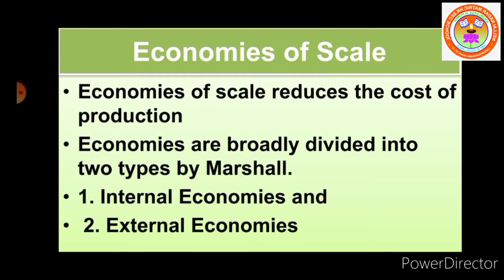This economy of scale is affected both by the internal and external factors of the firm. Accordingly, economies are broadly divided into 2 types by Marshall: internal economies and external economies. Economies of scale reduce the cost of production.